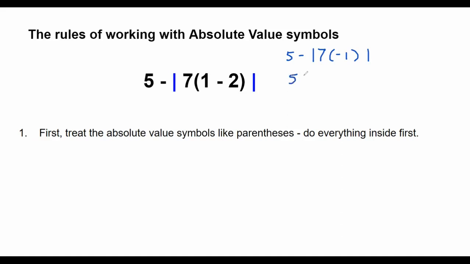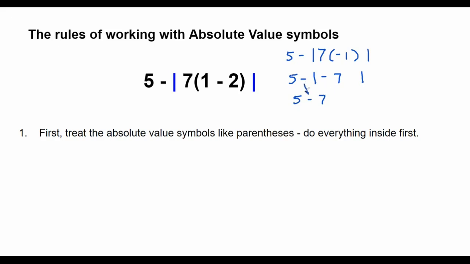That gives us 5 minus absolute value of negative 7. Now here's where the absolute value comes into play. This is going to turn this into a positive 7, but we're still subtracting it. So it's going to be 5 minus a positive 7. See how we've dropped the absolute value symbols, and we've turned this 7 into a positive number.